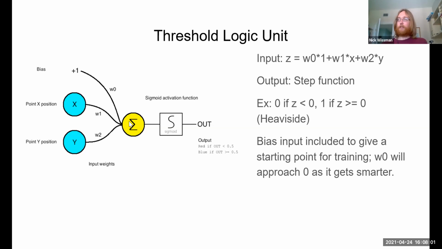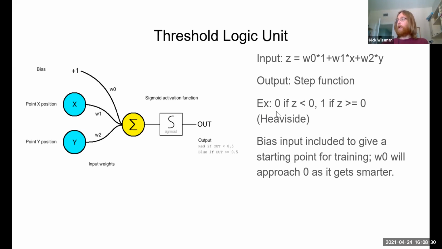So it starts making these decisions, and then as it gets smarter, it will figure out to ignore the bias, so W0 is going to go down, and then the other weights are going to shift to accommodate the input. So the output for the threshold logic unit specifically is going to be based, like I said, on some sort of threshold.